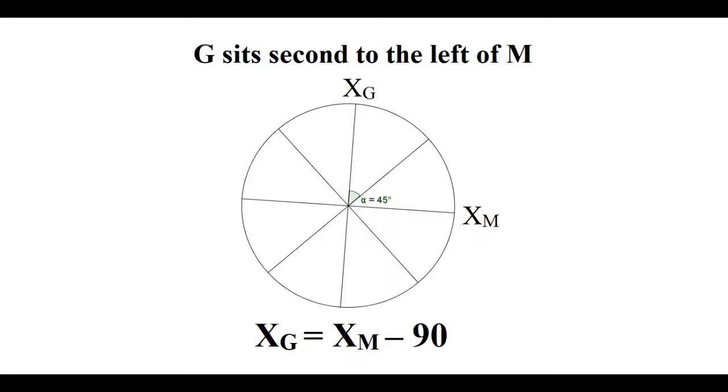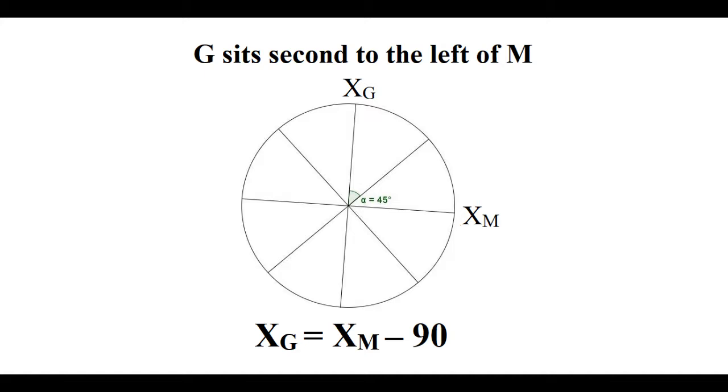Let's look into this example in which our condition is G sits second to the left of M. Here M and G both are facing outwards. As per the diagram, X_G is second to the left of M. This can be written starting with G: X_G is equal to X_M minus 90. Why minus?